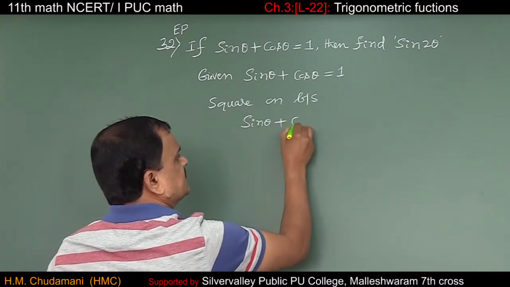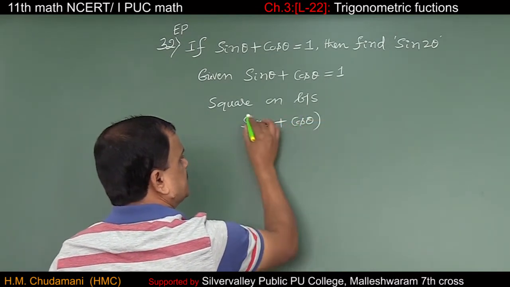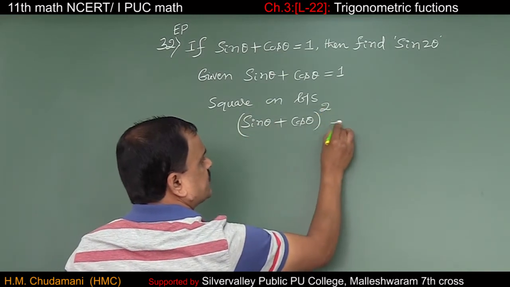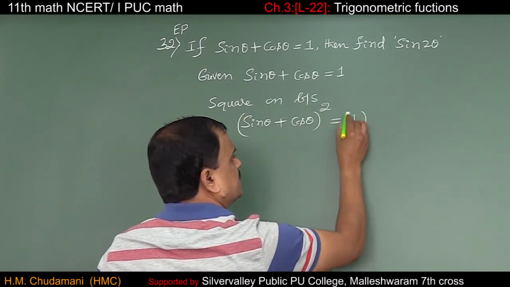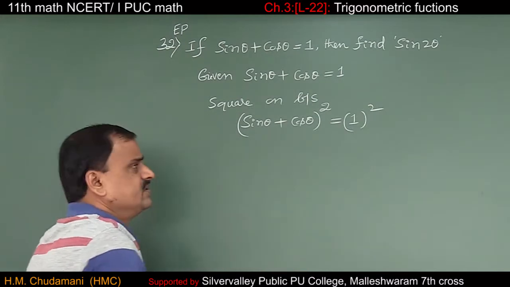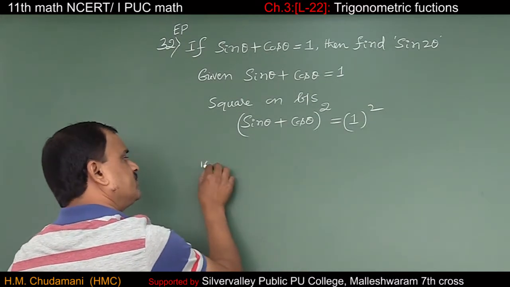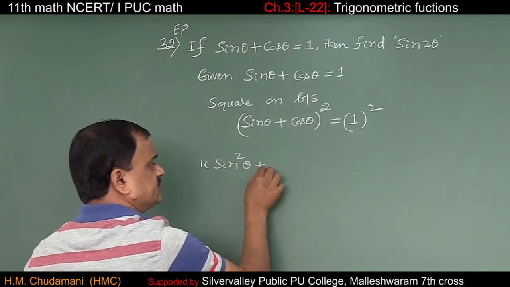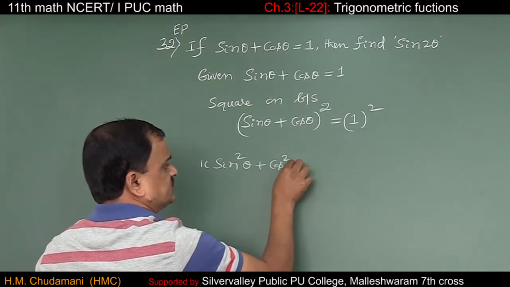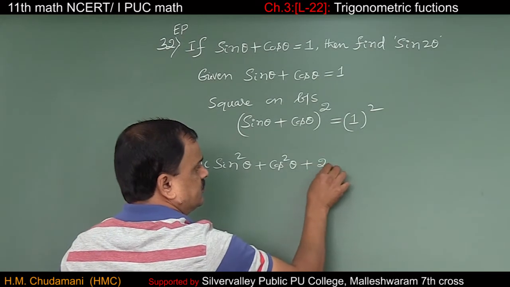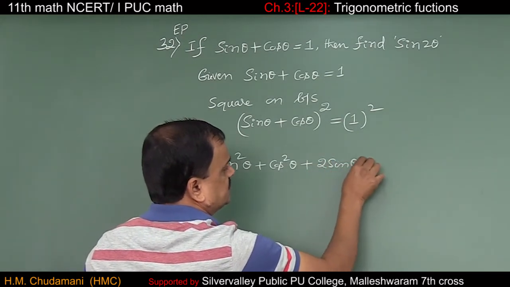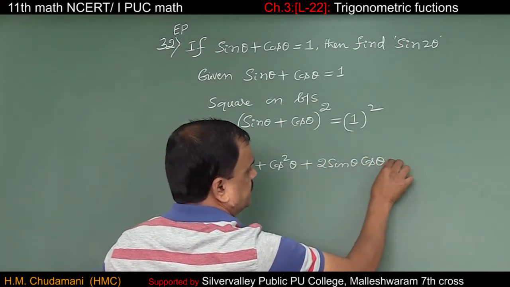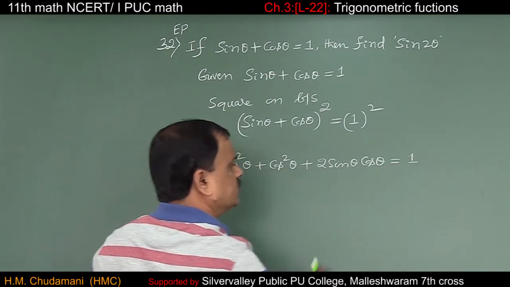That is sin theta plus cos theta the whole square is equal to 1 square. A plus b whole square formula, expand that. That is sin square theta plus cos square theta plus 2 sin theta into cos theta is equal to 1.